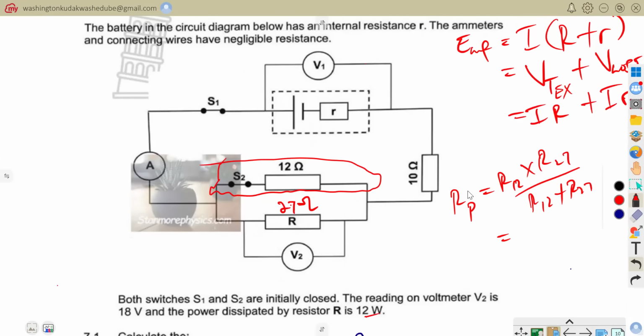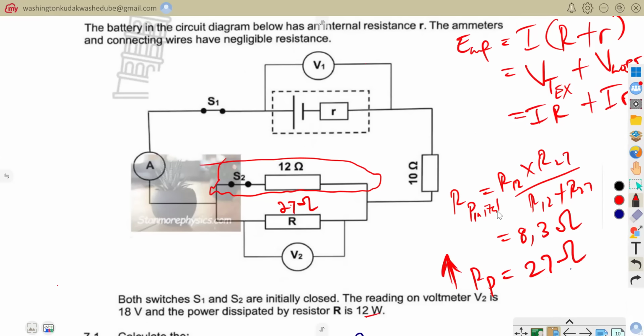So initially we calculated that this had a resistance of something like 8.3 ohms. Now the parallel circuit has a resistance of what? 27 ohms. So you can see that the resistance has increased.